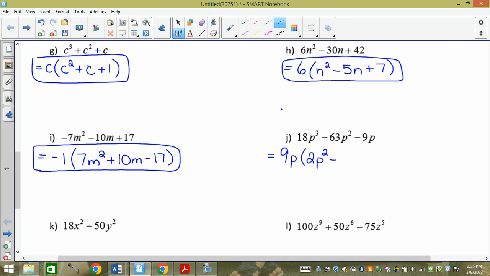Minus 63 divided by 9 is a 7, P squared, take out a P is a P. And then what's negative 9P divided by 9P? Negative 1. And remember, we can check it back, correct? If I take the 9P times 2P squared, I get 18P cubed. 9P times negative 7P, negative 63P squared. 9P times negative 1, negative 9P. So you should get it back if you distribute.